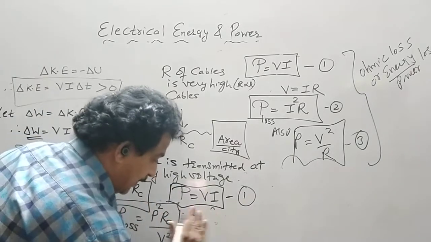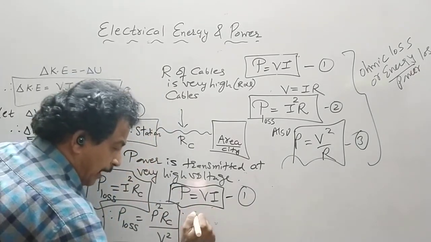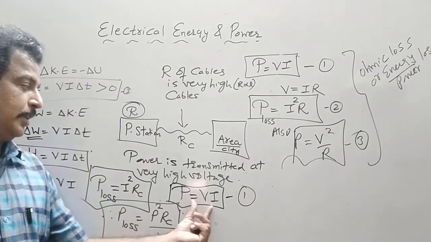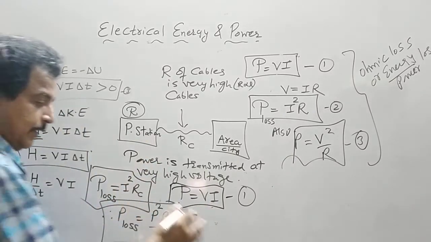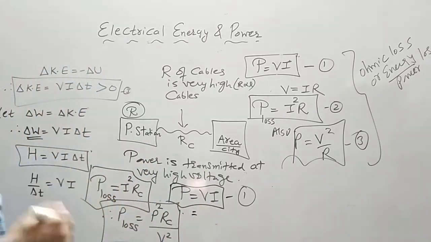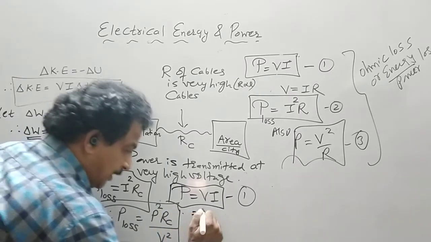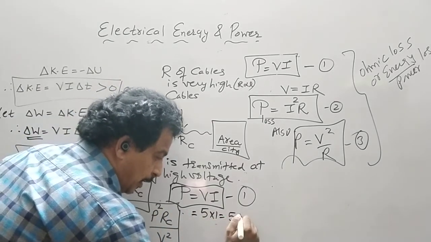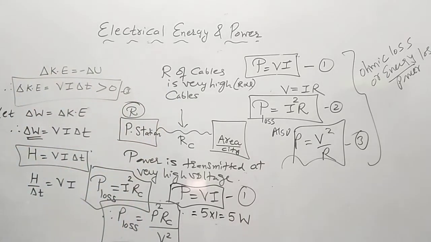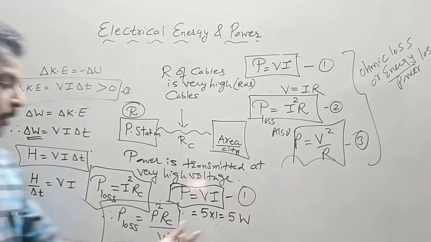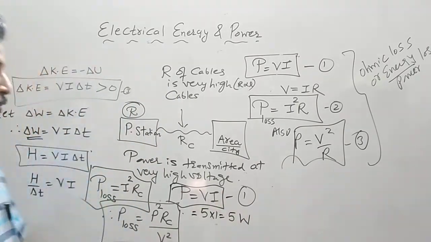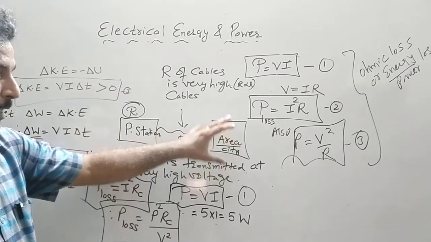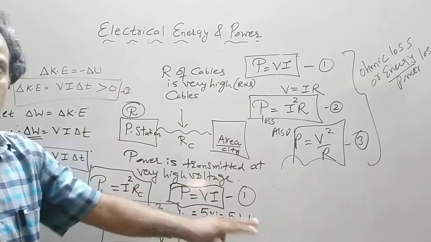Let us see the basics. Suppose the power has the potential difference, now I am giving simple small values, of 5 volt and the current flowing is 1 ampere. So the total power which has to be transmitted is 5 watt. So this city or area has a requirement of 5 watt.